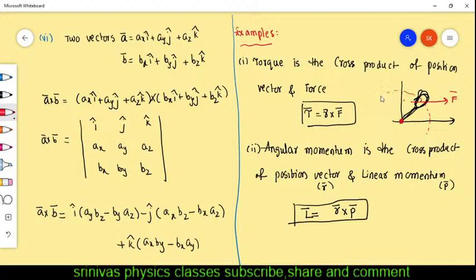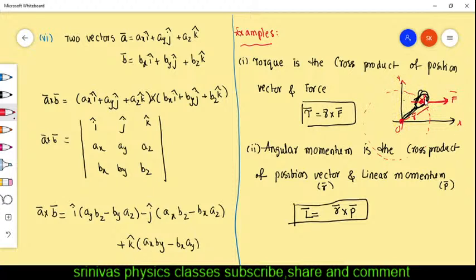I apply the force like this, and the line joining the point and origin is the position vector. R bar is the position vector, and we take the cross product of the position vector and force. Position vector means the line joining the point and the origin. This is a coordinate system, x-axis and y-axis.